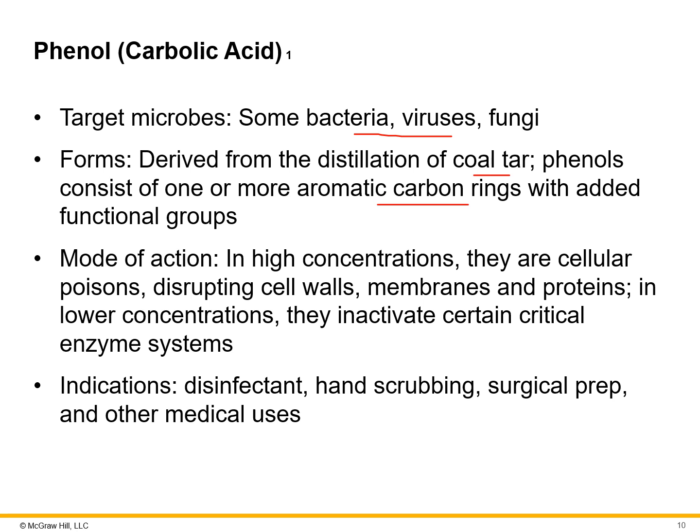In high concentrations, they are poisons that can disrupt the cell wall, membranes, and proteins, so pretty much all of those cellular targets. At lower concentrations, though, they inactivate certain critical enzymes that are needed. So it can be used as a disinfectant during hand scrubbing, definitely surgical prep, and on lots of other medical uses as well.